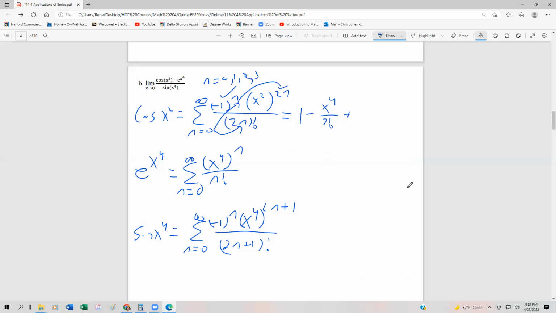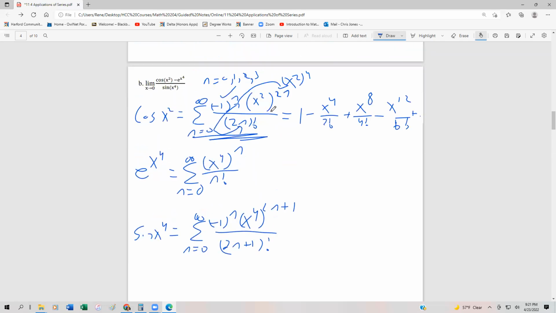And then we're going to have a positive x squared to the fourth, so that'll be x to the eighth divided by 4 factorial, and then minus x to the 12th over 6 factorial, and that's just going to keep going forever. So again, we're just substituting 1, 2, 3, 4 back into this expression to expand it.